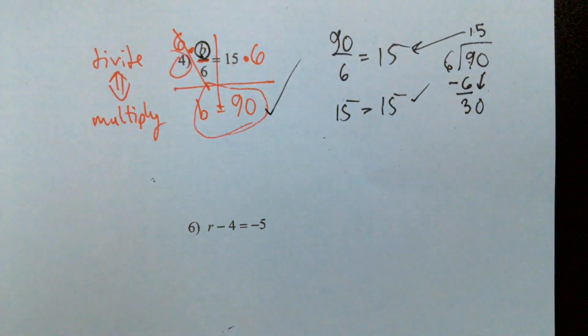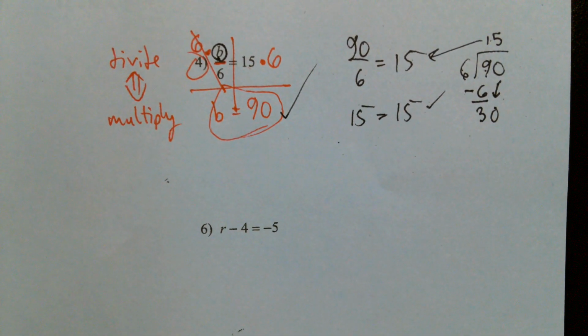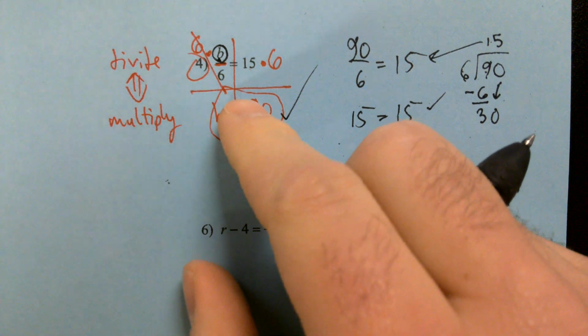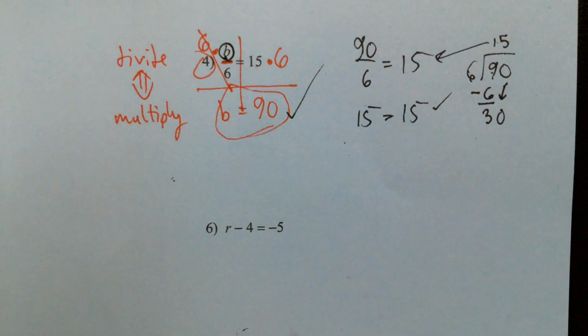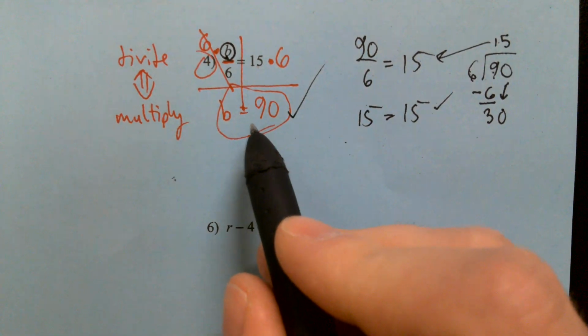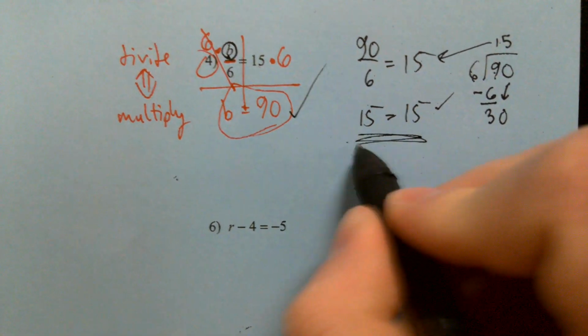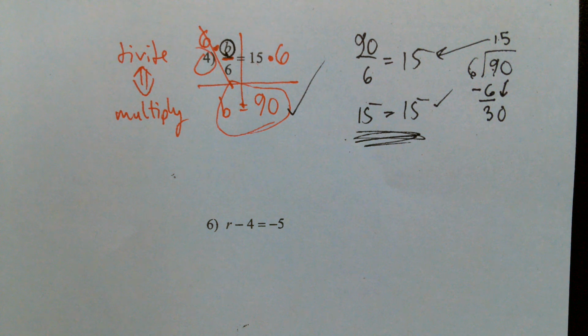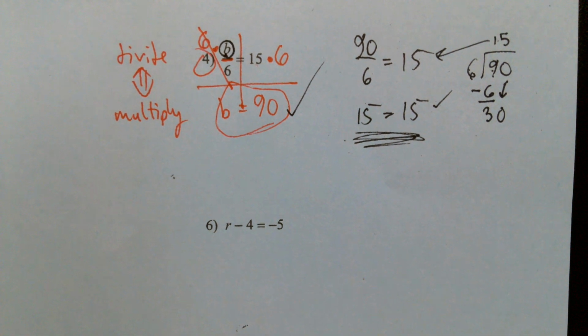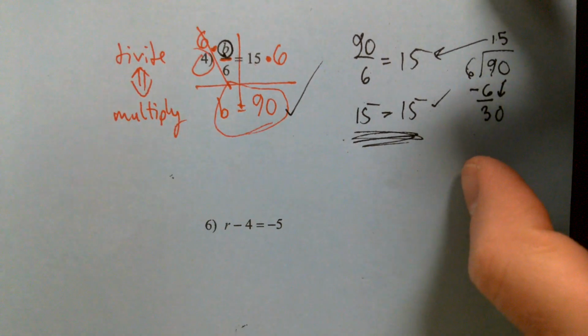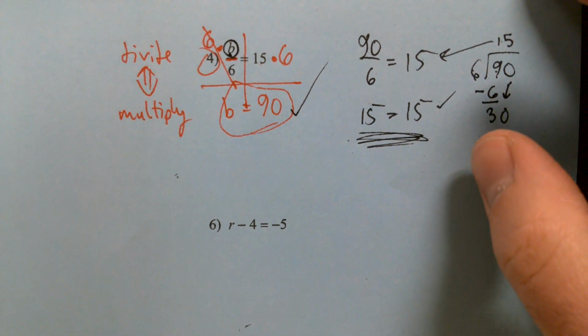So we know that my answer is correct. And it doesn't just work with a fraction problem like this. Any one of these problems, you can take the answer you got, plug it back in for your variable, solve it out, see if you get a true statement. All right? Questions about number 4? It's a great one to go over.